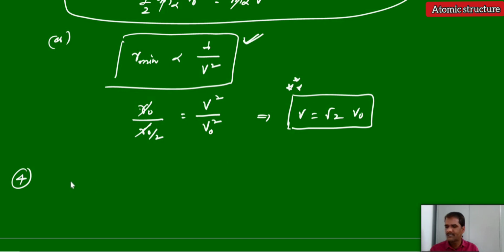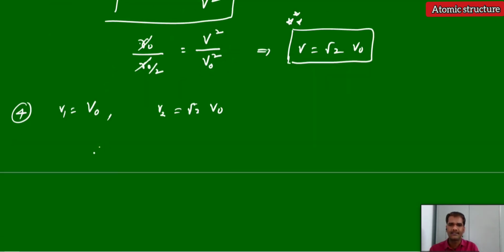What is the fourth one? What is the percentage change in speed in case 3? In case 3, what is the initial velocity? V naught. Let us assume V1 is equal to V0, then the final velocity V2 is equal to root 2 V0.